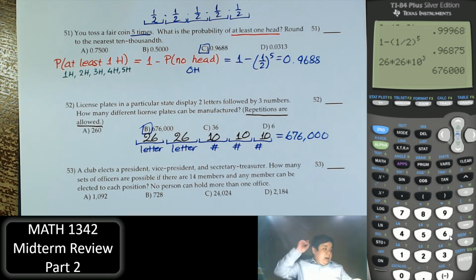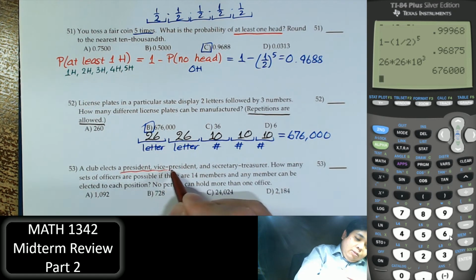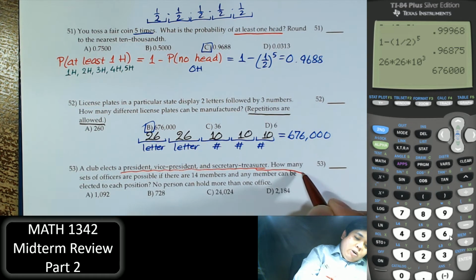Right. Next we have probability: permutation and combination. Next, president, vice president, and secretary treasurer. So there are 3 roles, and there's an order.